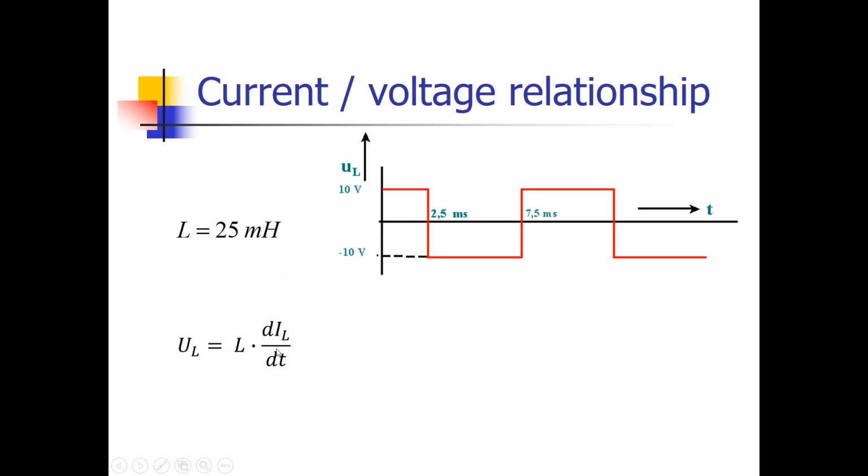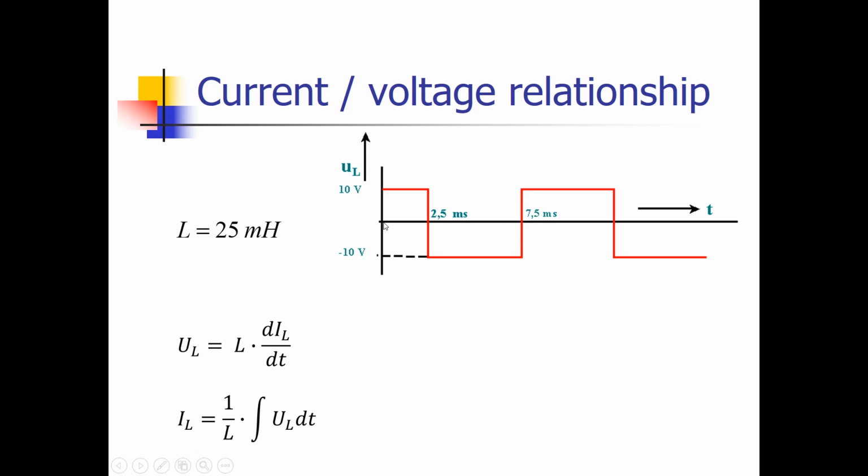U is L times di/dt, and we have seen that we can put that in another way. We can also say that I is 1 over L times the integral of the voltage U, so it's the running area underneath the curve divided by the inductor value. What happens?